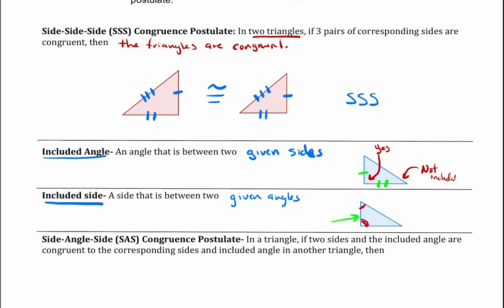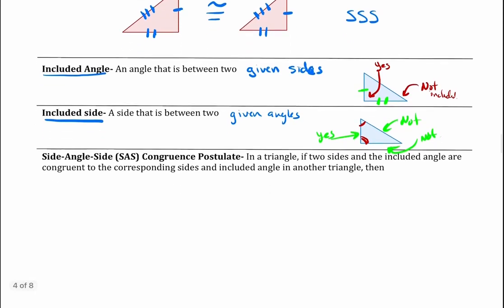Then this side right here would be the included side. So, not this one or that one. Okay? So, an included side is between two angles that you know. An included angle is between two sides that we know. All right, so those are just definitions.